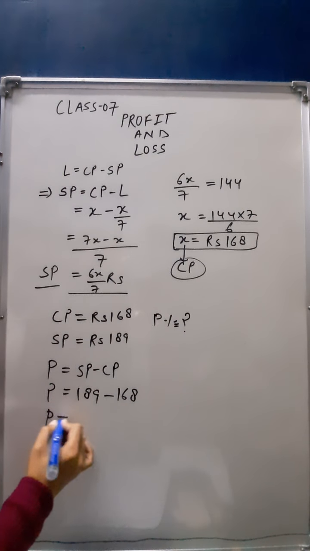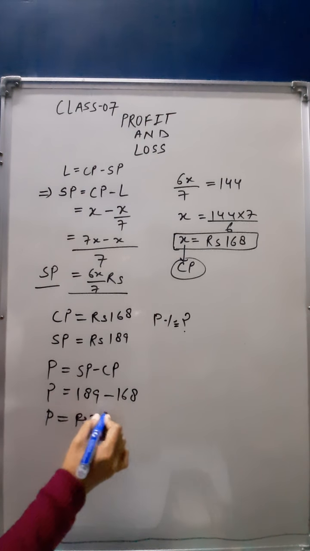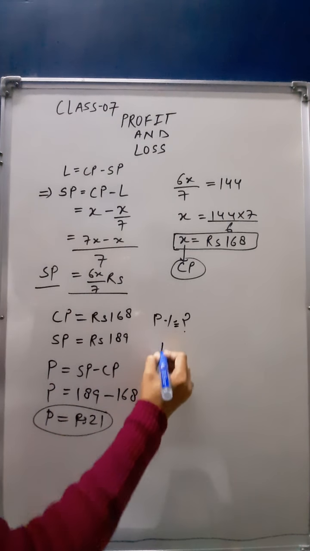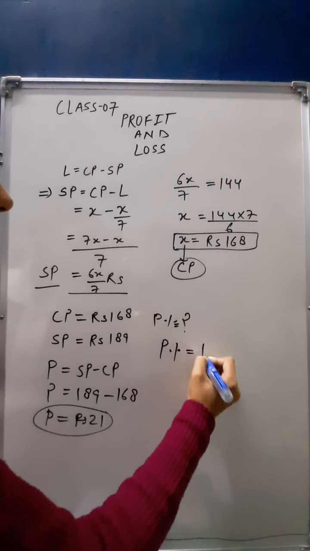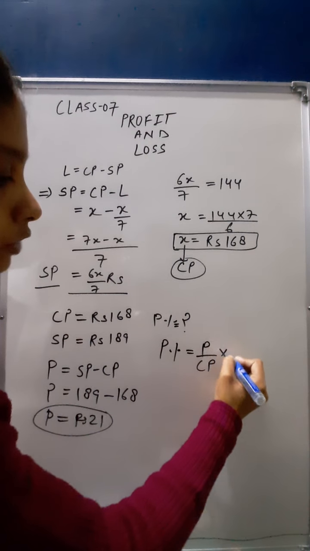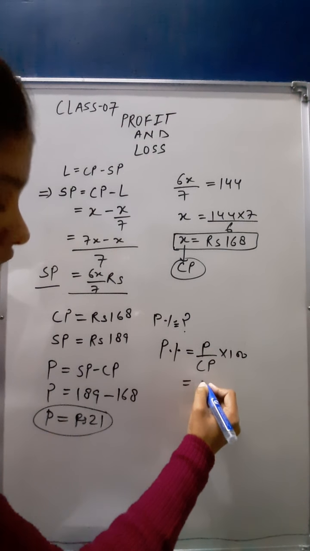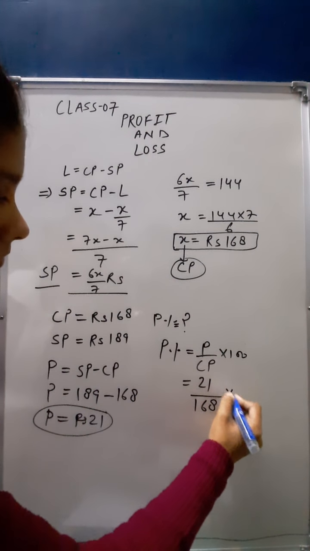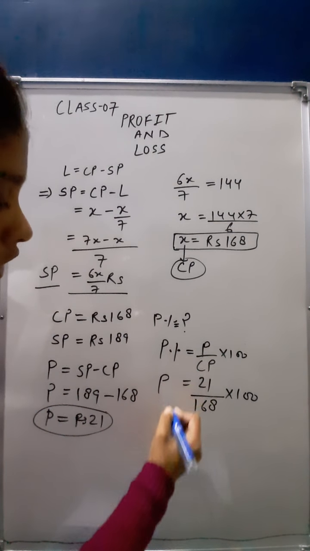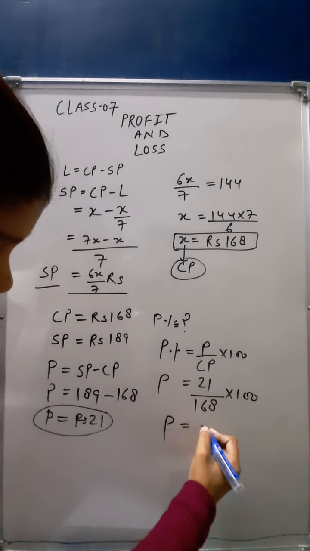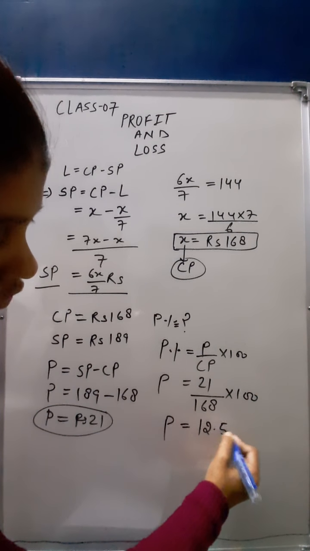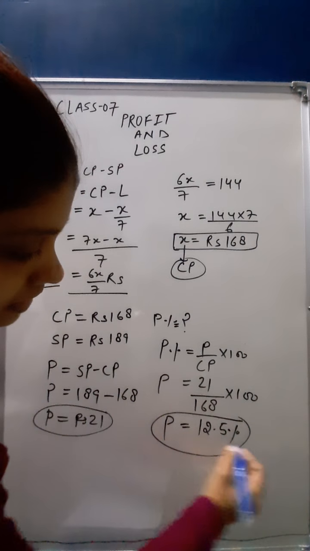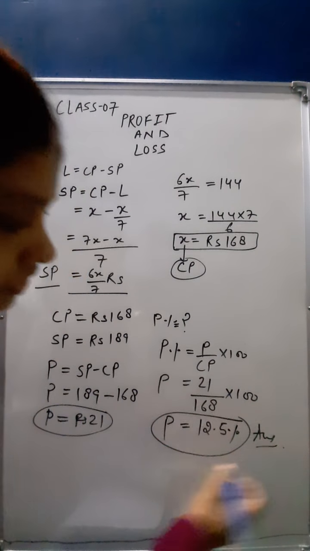Your profit comes out to be rupees 21. Now when you have got your profit, you can calculate the profit percent: profit upon cost price into 100. Put the values. When you solve this calculation, your answer comes out to be 12.5%. This is your required answer for this question.